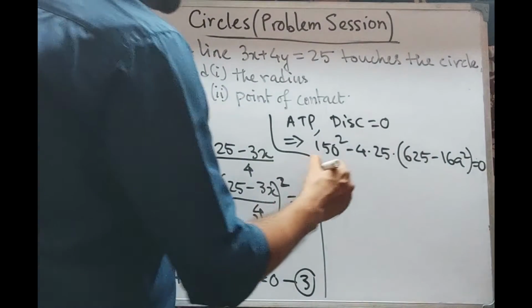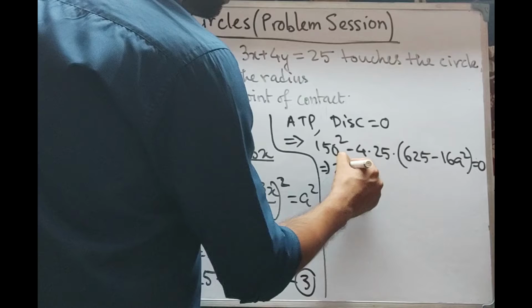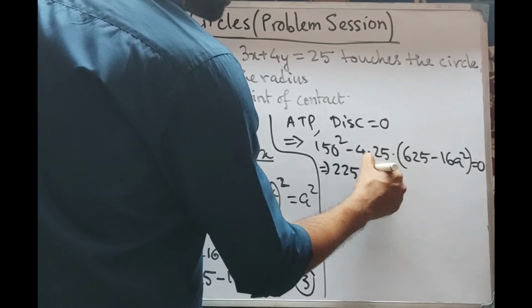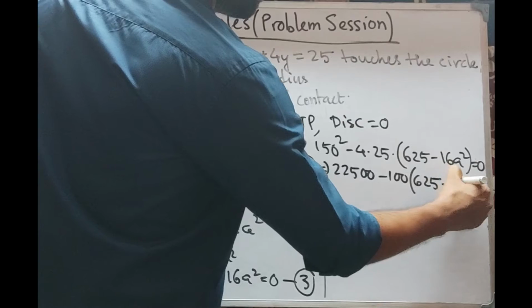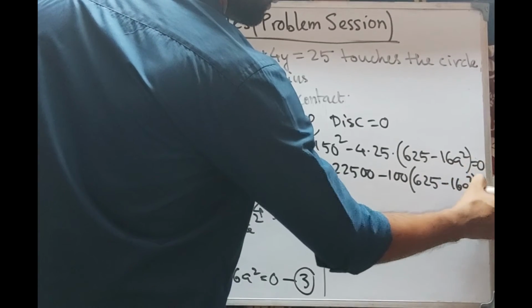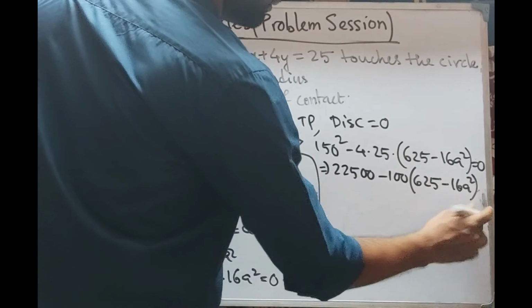So basically we are having 22500 minus 100 times (625 minus 16a square) is equal to 0.